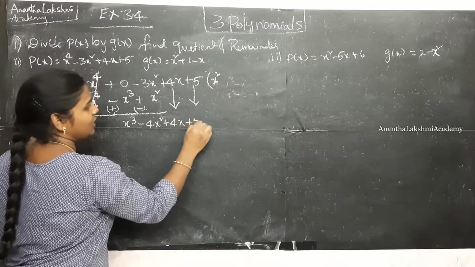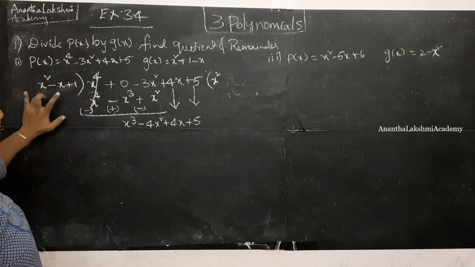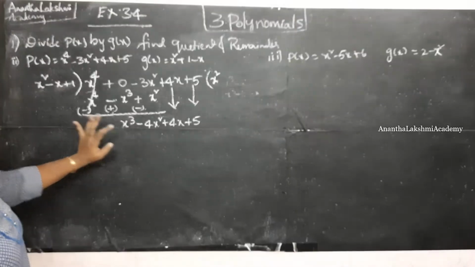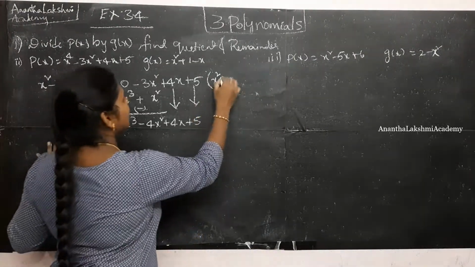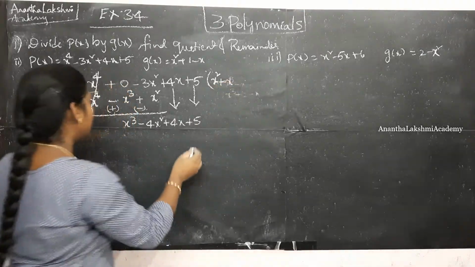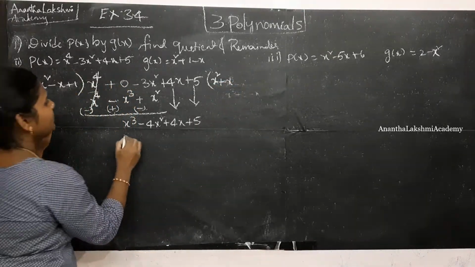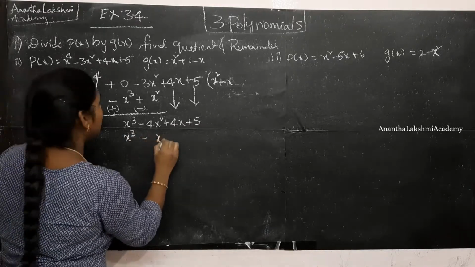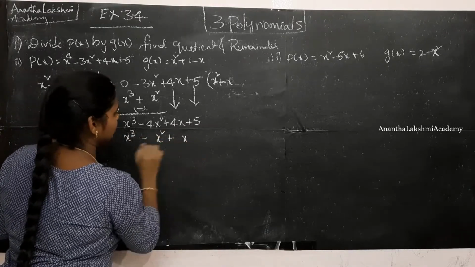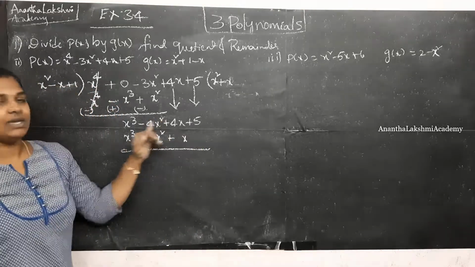Now we have x square here, but we have x cube here. In order to get x cube, what should I multiply the divisor with? Plus x. Now multiply x with this: x cube minus x square plus x. This is the way we are writing.